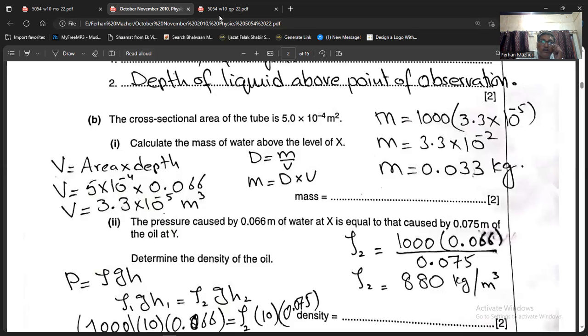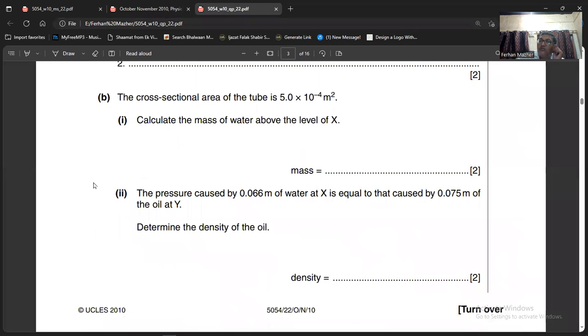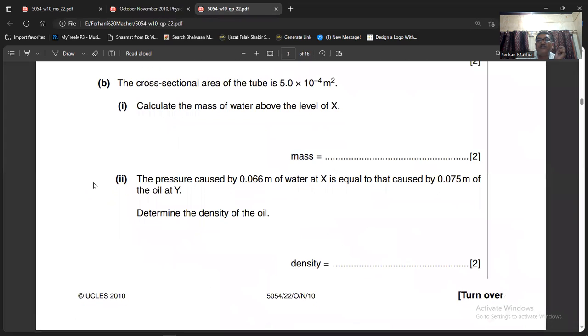This is the solution. Okay, so question number 2b part, second portion. The pressure caused by 0.066 meter of water at X is equal to that caused by 0.075 meter of the oil at Y. Determine the density of the oil.